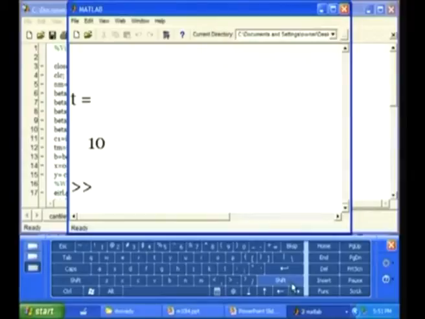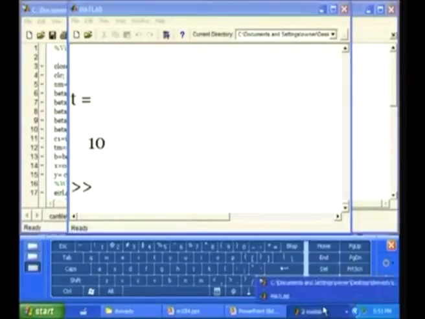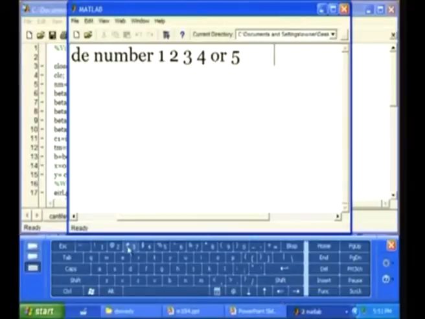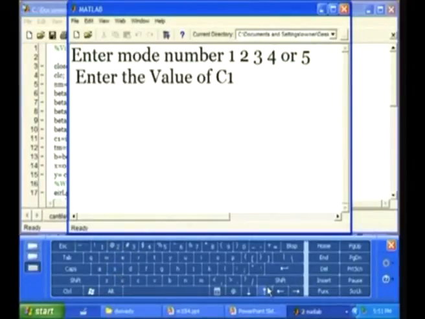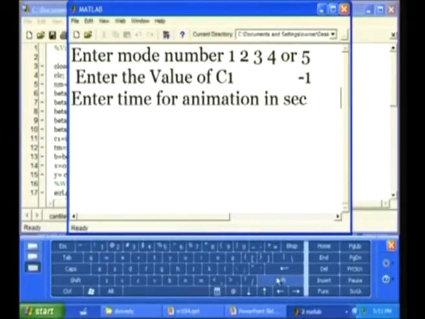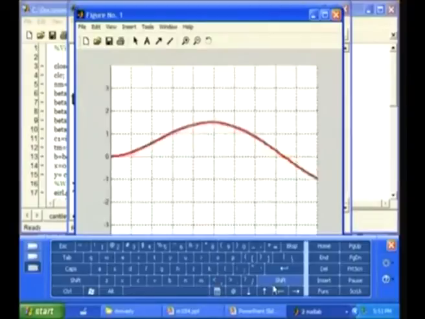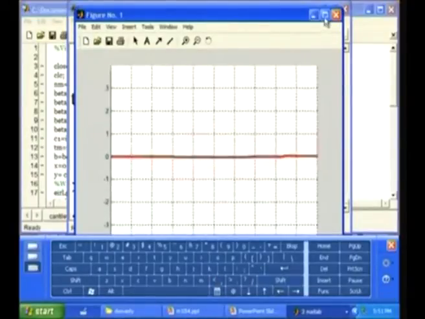So, let us see the second mode. We can run it for the second mode, so let us write the mode number equal to 2. If the mode number is 2, then let us simulate it for 10 seconds and see the vibration of the beam.